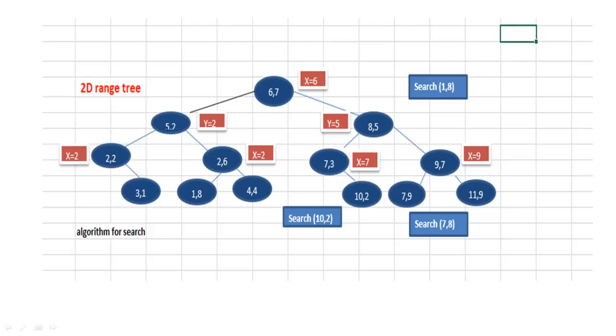Because 1 is less than 6, we continue in the left subtree. On reaching the next level, now we compare only the Y coordinate. So we compare this 8 with 2. Because 8 is greater than 2, we continue on the right subtree. Next time we compare the X coordinate and we end up in the left subtree. We continue this procedure until we reach the leaf node.